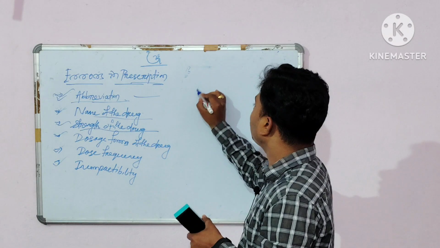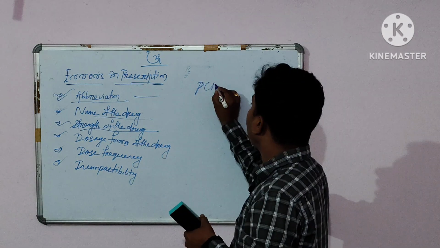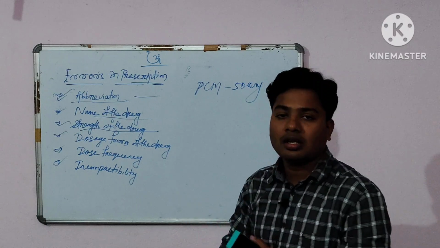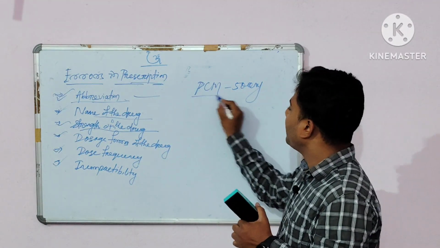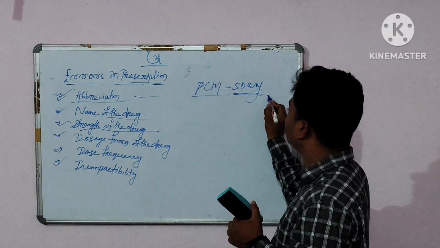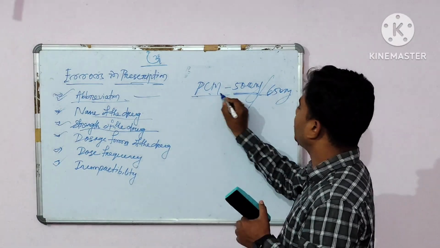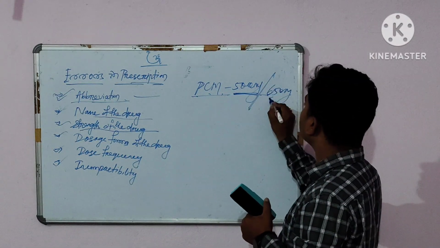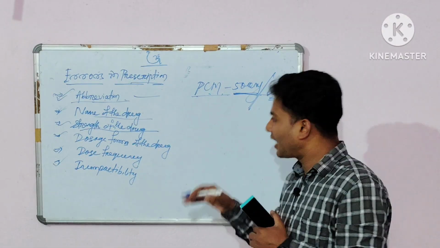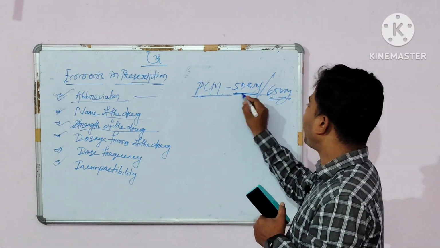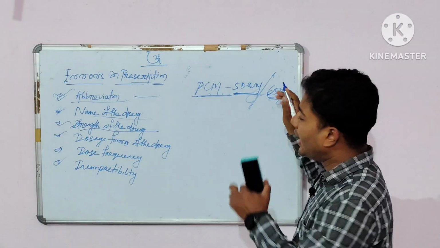If the physician has not mentioned the proper quantities of the medicine, or the strength, as for example paracetamol 500 mg or 650 mg. In the market the paracetamol tablet is available in 500 mg or 650 mg.